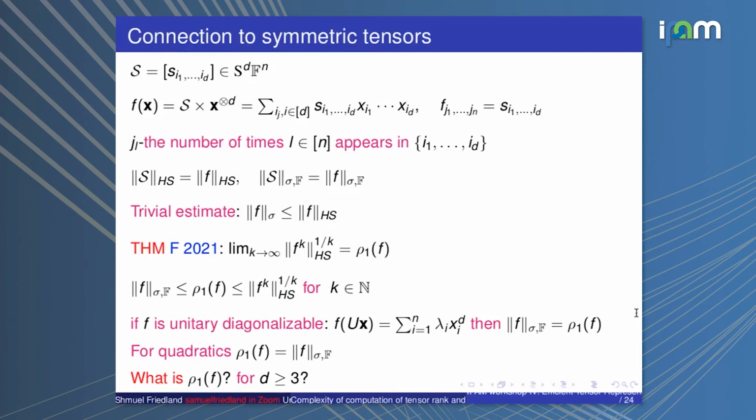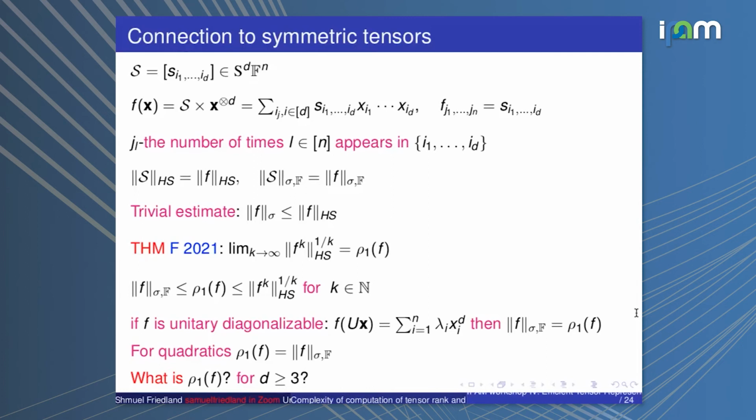If you have a computer, you take F and raise it to the power K, and of course the polynomial gets bigger and bigger, and you have more computation.